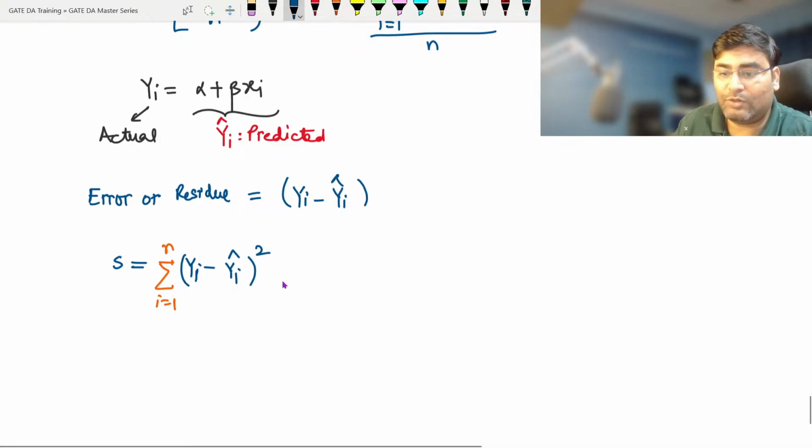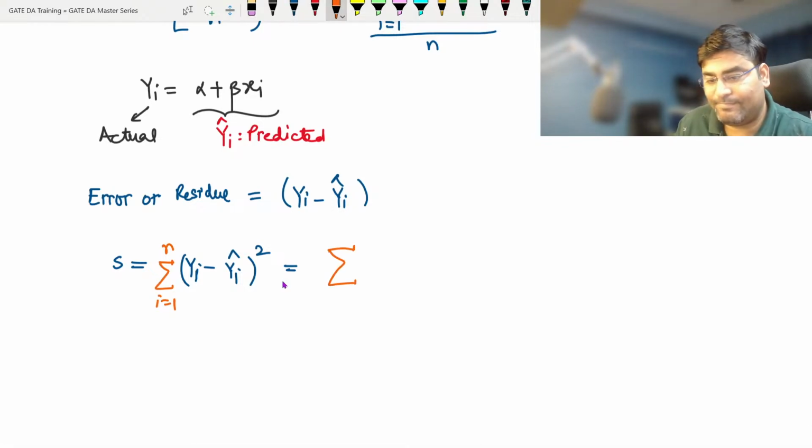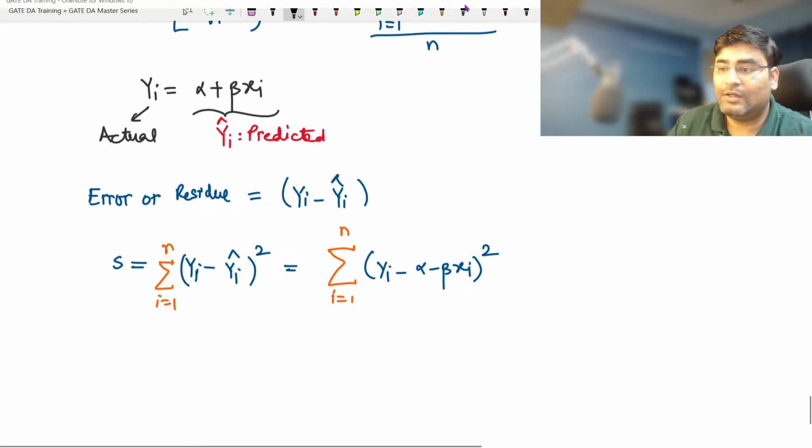Later on, you will only go and write that sigma i equal to 1 to n, (yi minus yi hat) can be replaced with (yi minus alpha minus beta xi) whole square, right, guys?